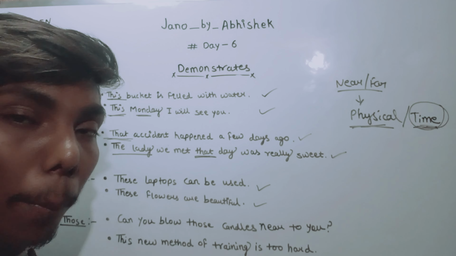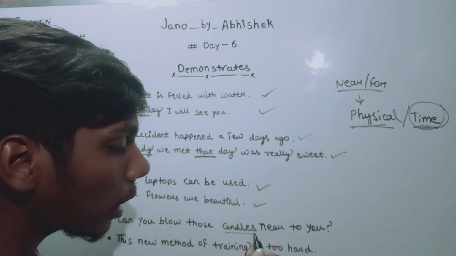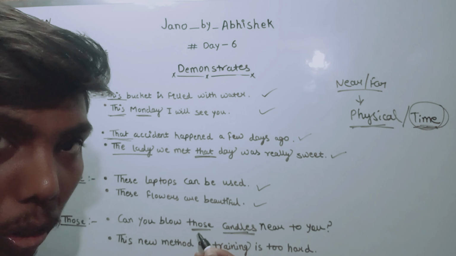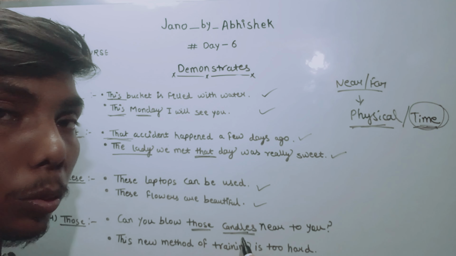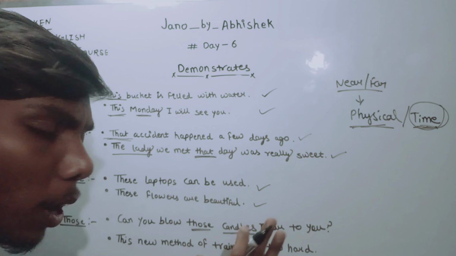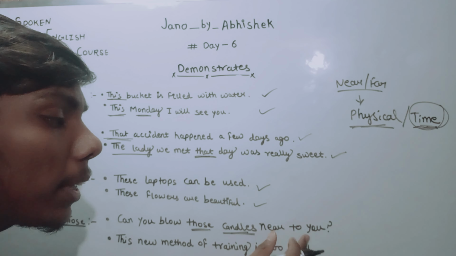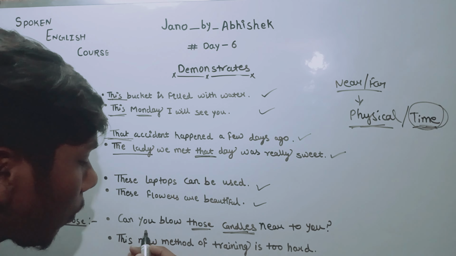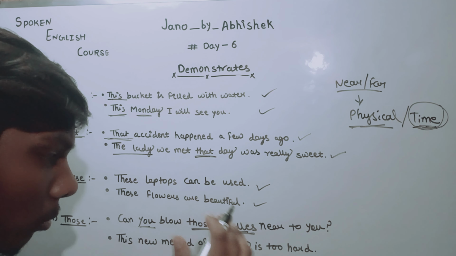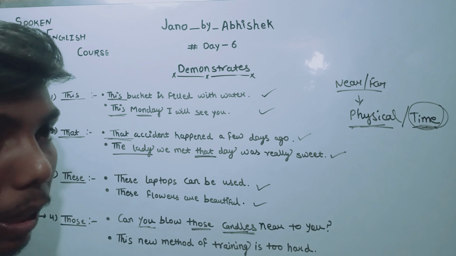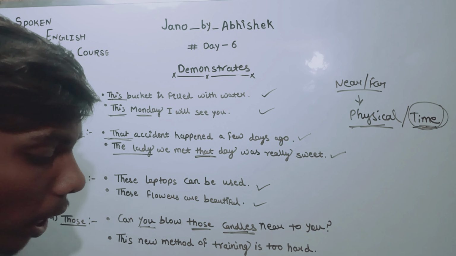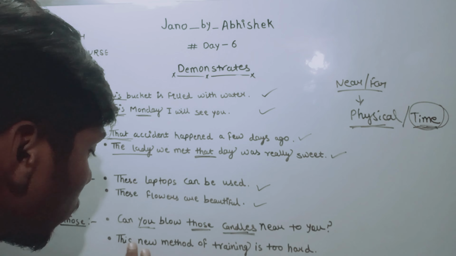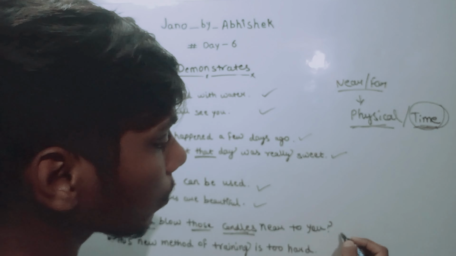Here I am pointing out the candles by using the word those. If I'm using the word those, it means they are more than one, and they are far from me but near to someone else. So I am saying, can you blow those candles near to you? Okay, understood? Good.